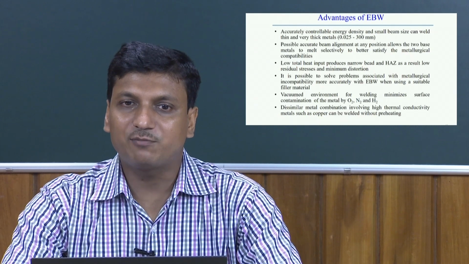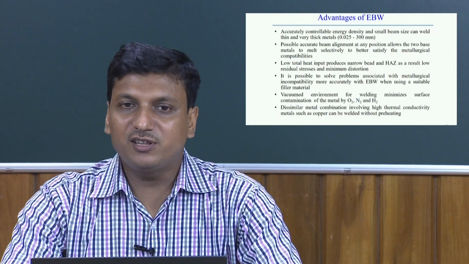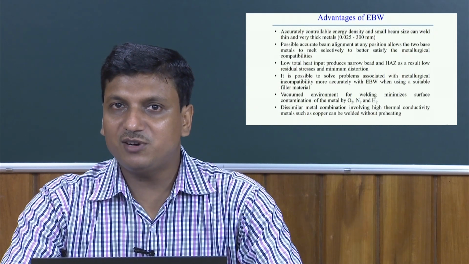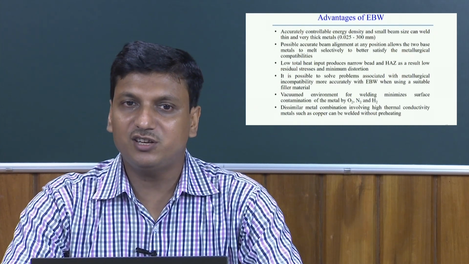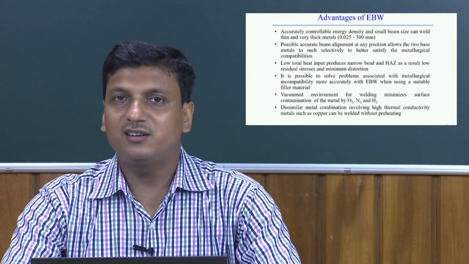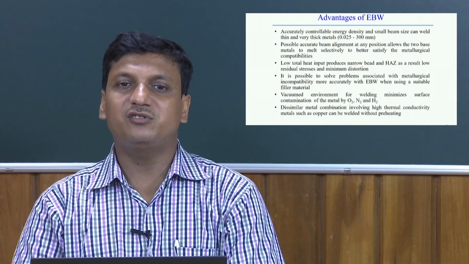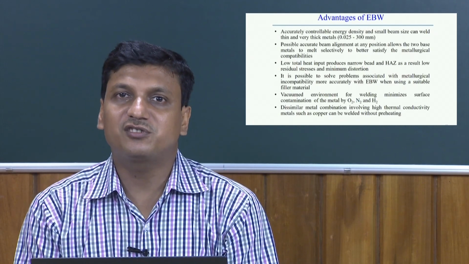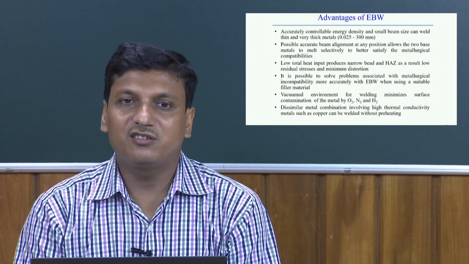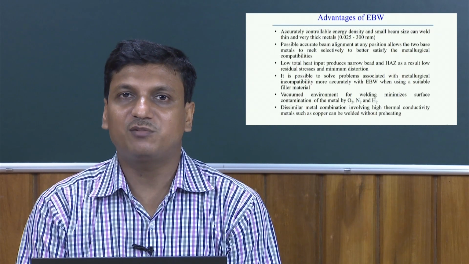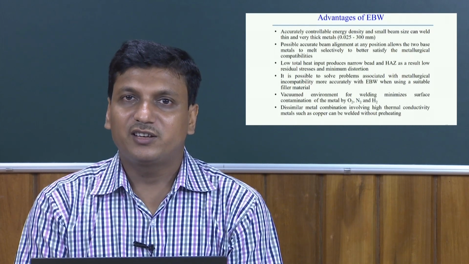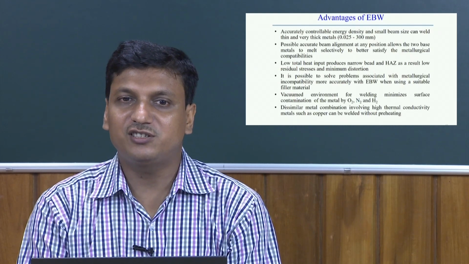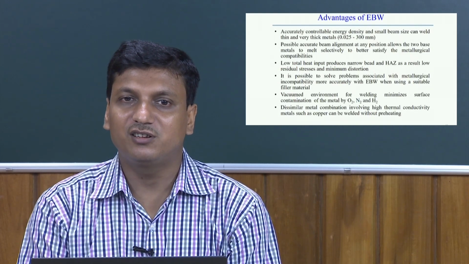Therefore, it minimizes the effects of surface contamination of the metal by oxygen, nitrogen and hydrogen, which is typically present in any arc welding process or even in laser welding processes. So, contamination from the outside atmosphere can be minimized using the electron beam welding process. That is the biggest advantage of this process.